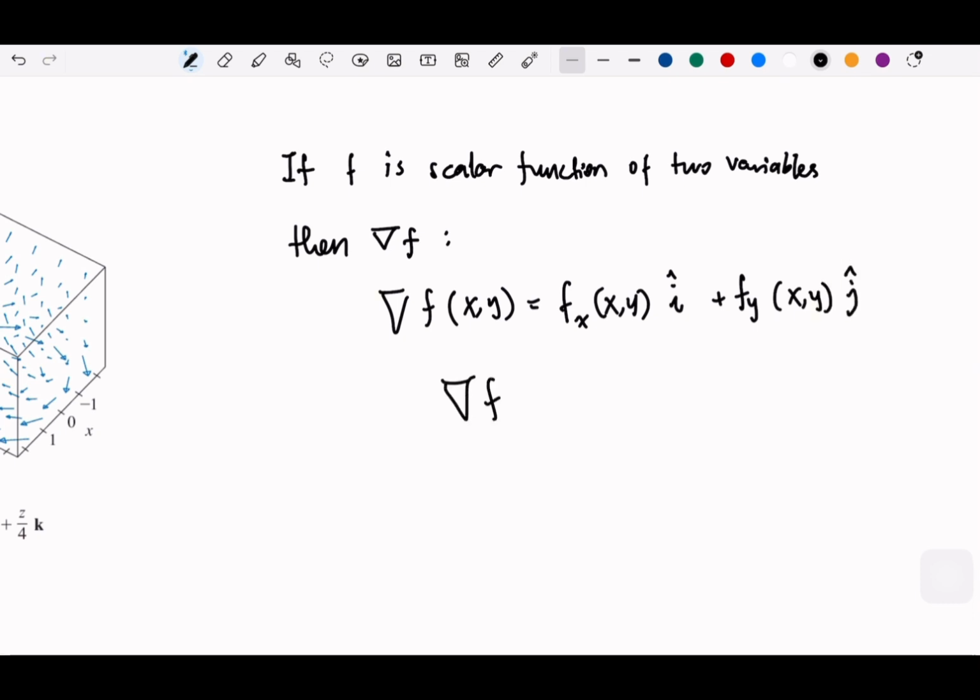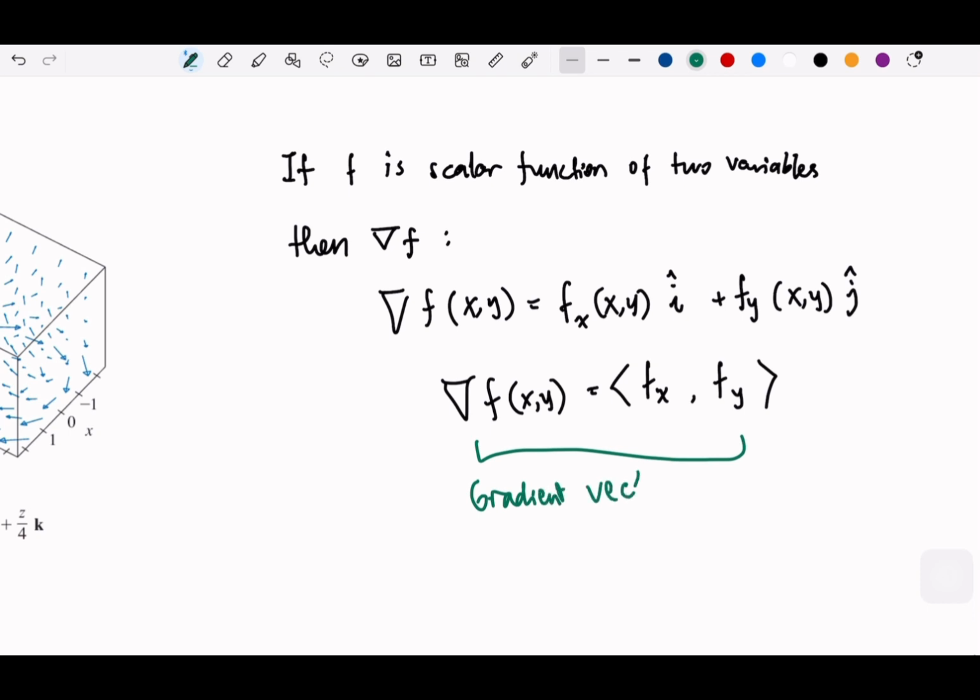Or simply, we can write this. Or if this is three variables, then we can have 3 partials. And this is also a vector field, so we call this a gradient vector field as well. Okay, just a review of calculus.